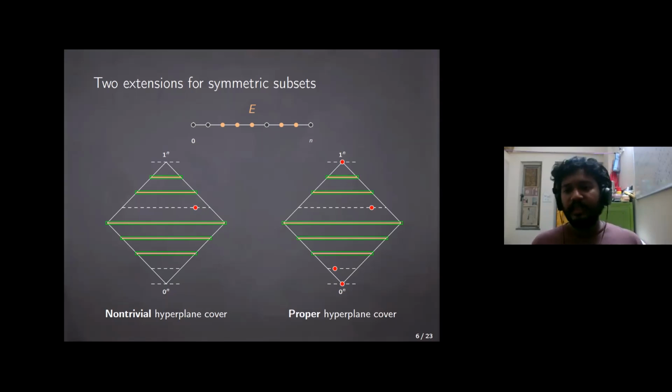Well, in the first variant, when we consider non-trivial cover, we only impose the condition that the full hypercube should not be covered while covering E. Whereas when we consider a proper hyperplane cover, first thing to note is that the complement of a symmetric subset is again a symmetric subset because it's just indexed by the Hamming weights which are not in E. And now here the restriction is that this hyperplane cover should cover every layer in E and not fully cover any layer that's outside E. So for every layer that's outside E, at least one point is excluded. So these are the red dots corresponding to the layers which are not in E.